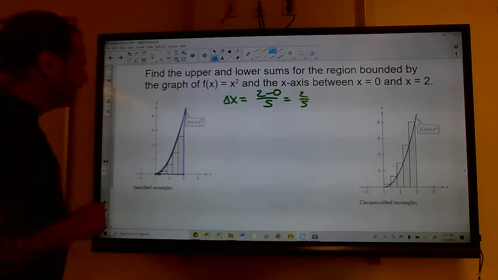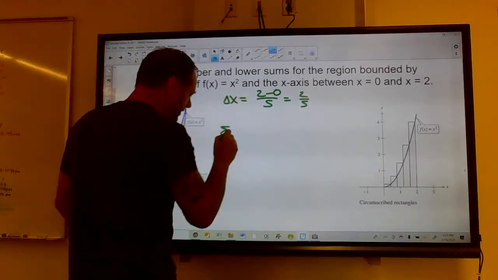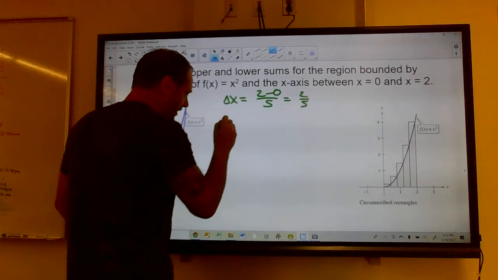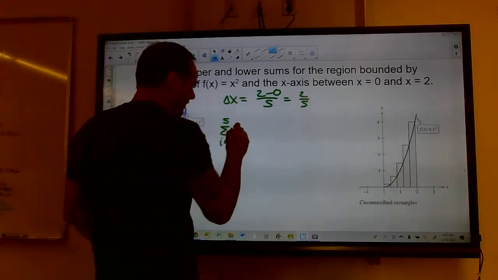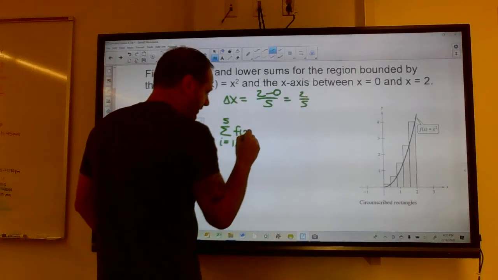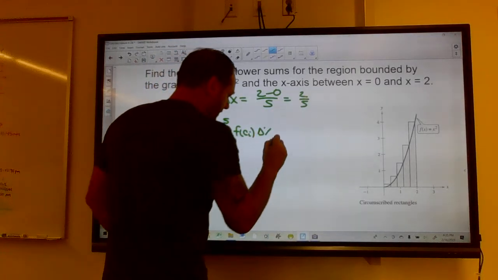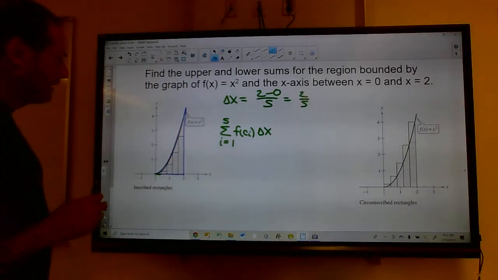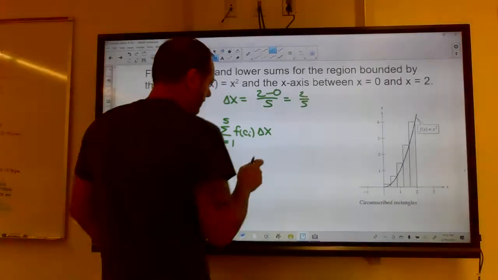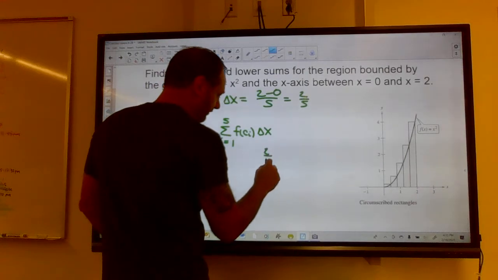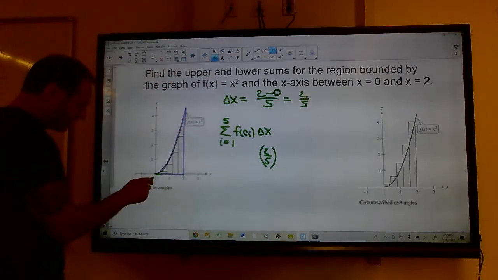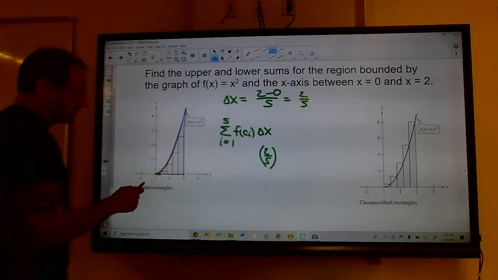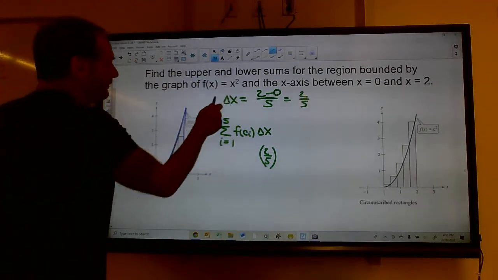Okay, so then the sum from i equals 1 to 5, because we have 5 sections, of f of ci delta x. The delta x is going to be 2/5, and the first one right here is going to be 0, because I'm going to plug 0 into x squared.